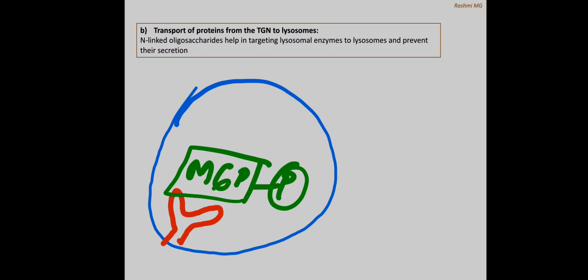This unit will fuse with the sorting vesicle in the late endosome, which has an internal pH of approximately 5.5. The bound lysosomal enzymes are released within the late endosome.